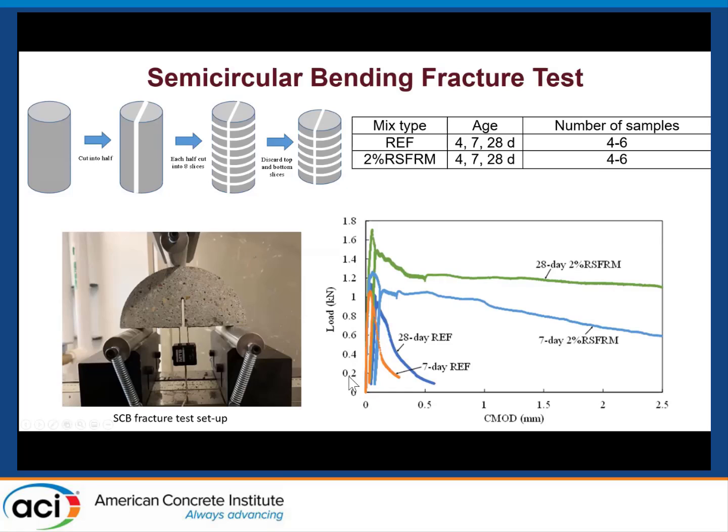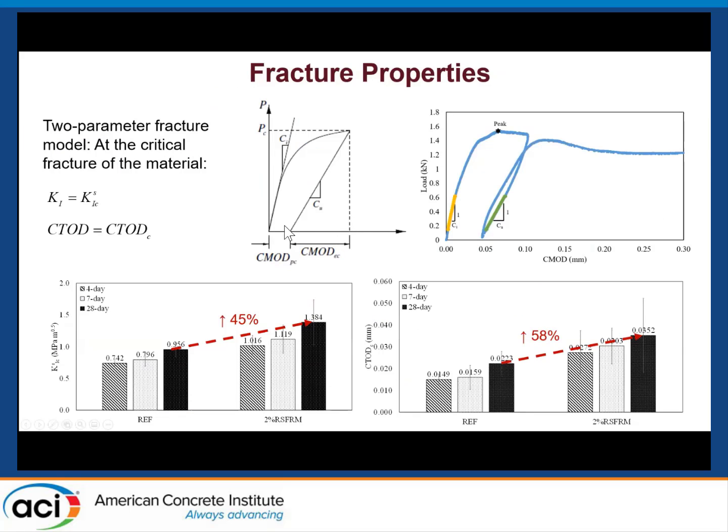Essentially, I just load the specimen to the peak, then I unload the specimen, then I reload the specimen again. By using this loading and reloading procedure, we can extract the elastic behavior of the specimen. Then by using some linear elastic fracture mechanics, we can calculate the fracture properties for the two-parameter fracture model. So here we are talking about the critical stress intensity factor and the critical crack tip opening displacement.